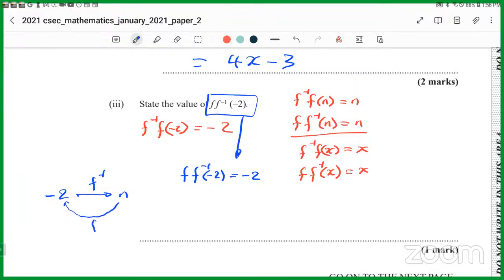That's why you start at negative 2 and end back up at negative 2. The function and its inverse reverse one after the next. So the answer for this one is just negative 2.